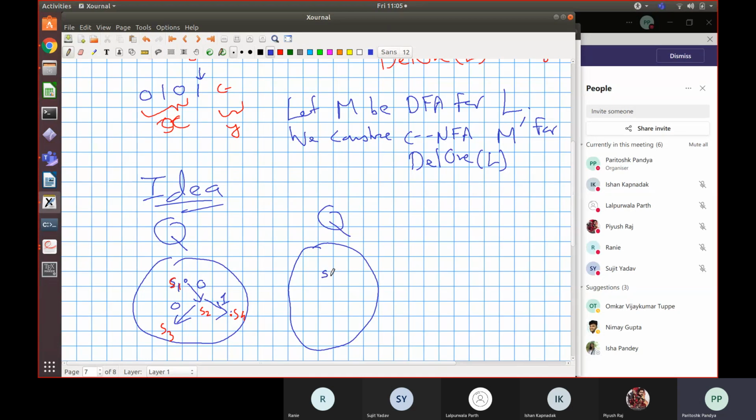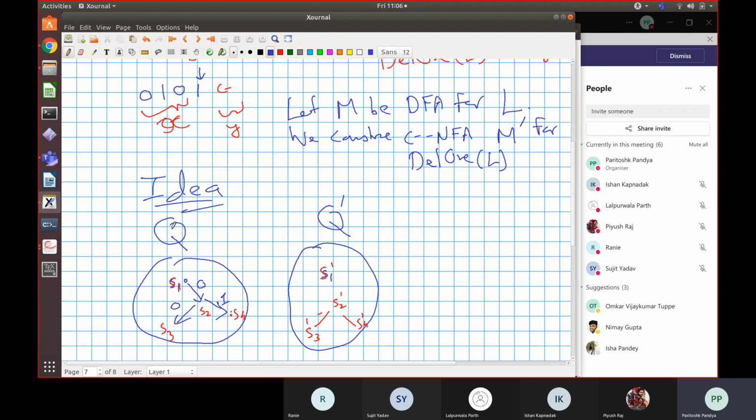So now you have a primed copy of all the states. You will have a state called S1 prime, S2 prime, S3 prime, and S4 prime. And it will have the same transitions as the original automaton, so this will be another copy of the automaton.